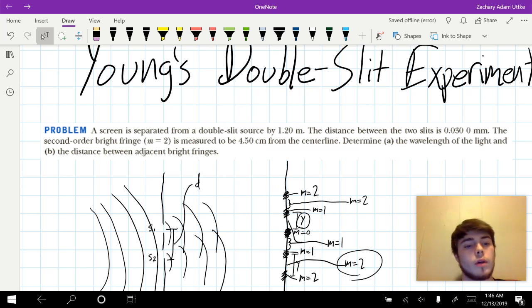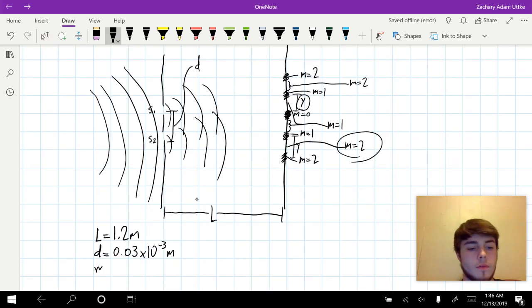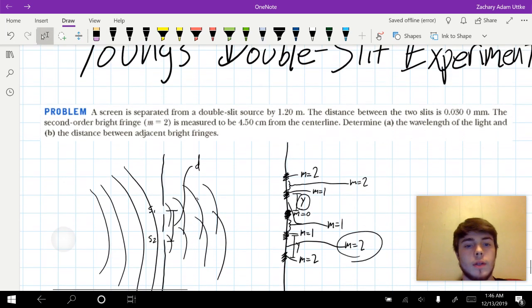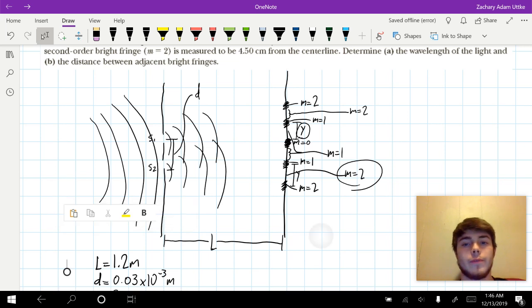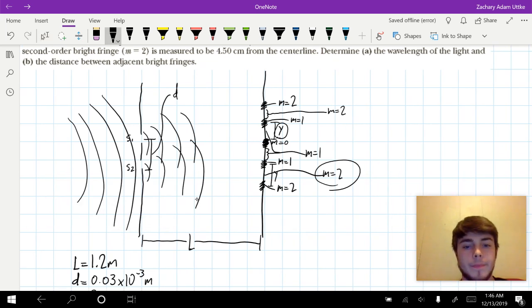The second order bright fringe, so m equals 2, is measured to be 4.5 centimeters from the center line. So from this central bright fringe, this distance here is 4.5 centimeters.